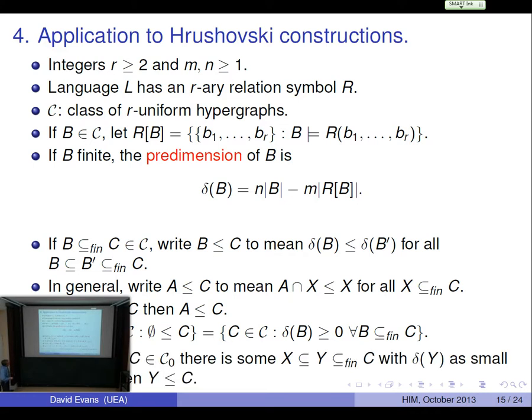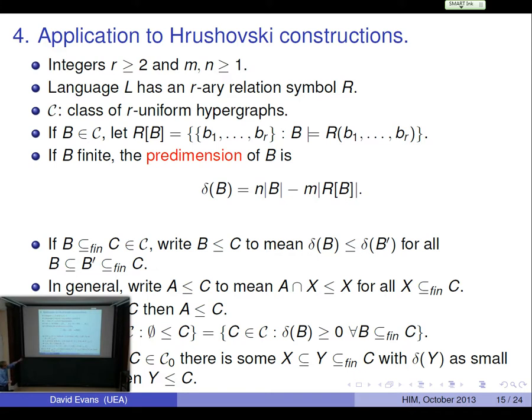Okay, one thing to observe is that if you take a finite subset X of some structure C in this class, then there's some finite Y above X, where delta of Y is as small as it possibly can be for sets that contain X. Yeah? Simply because I said that these m and n are integers.